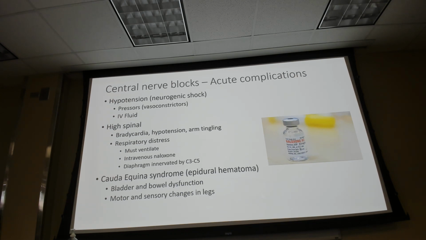So that's why we try to use that safe space, hopefully not going up into the spinal cord. Hopefully we can go low enough, but sometimes we can get a hematoma there, so we'll get some bleeding, and that can cause cauda equina syndrome, which, do we all remember what the symptoms of that are?